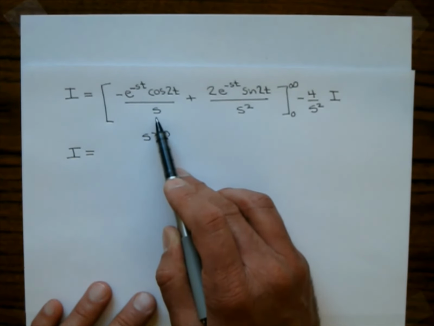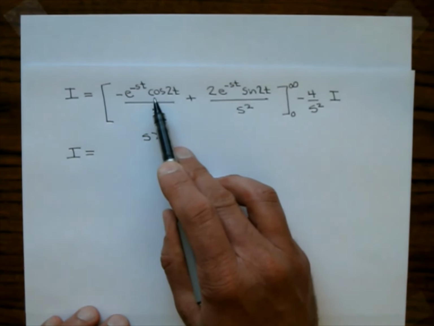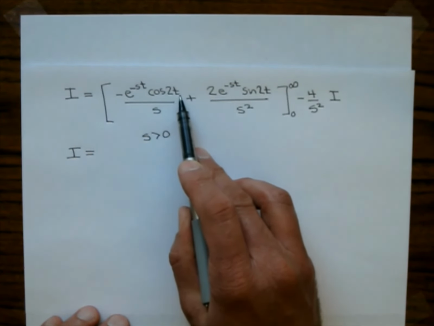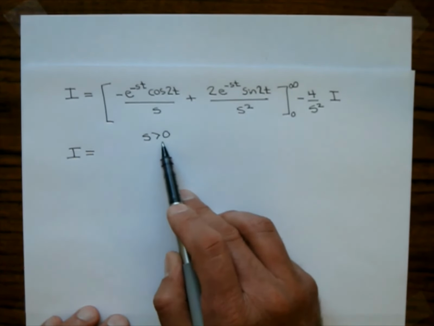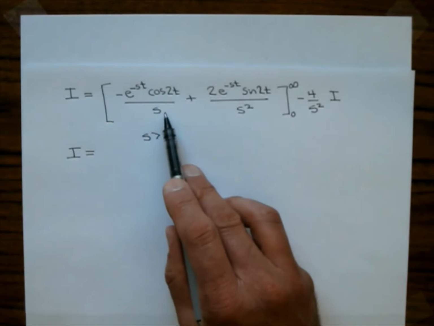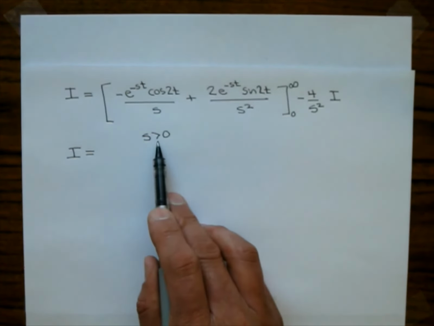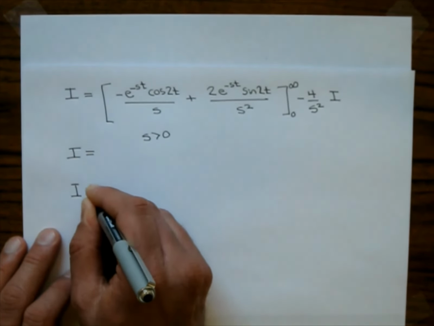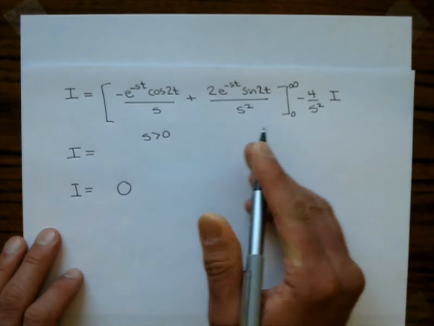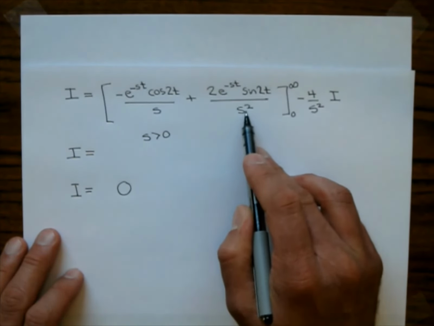The cosine would be between -1 and 1, and on the bottom you'd have e to the 7t, or whatever s was that was positive, going to the stars, and that would dominate, and your limit when s is greater than 0 would then be 0. And remember, s and s squared are just constants.